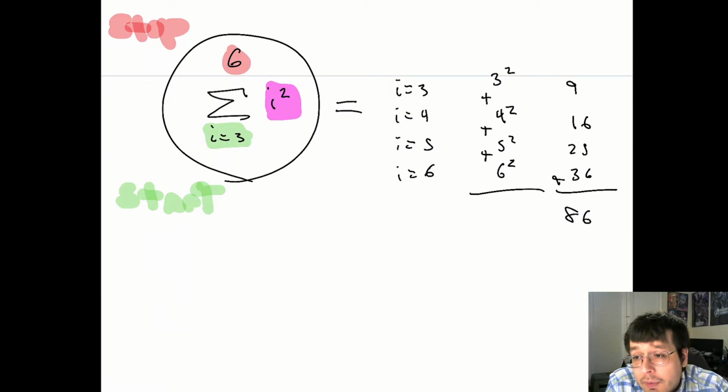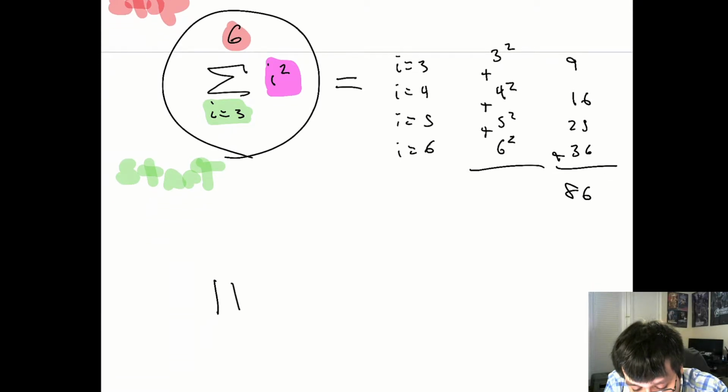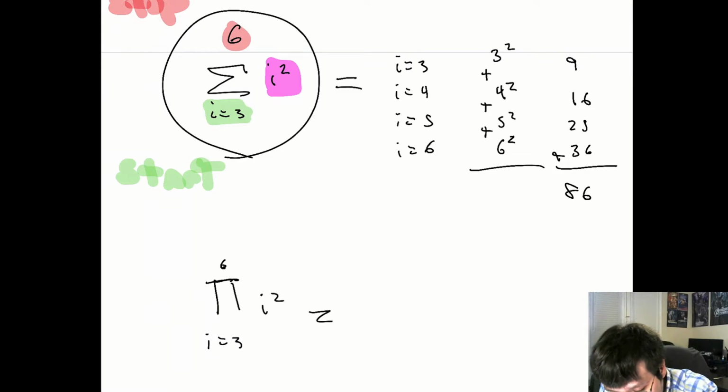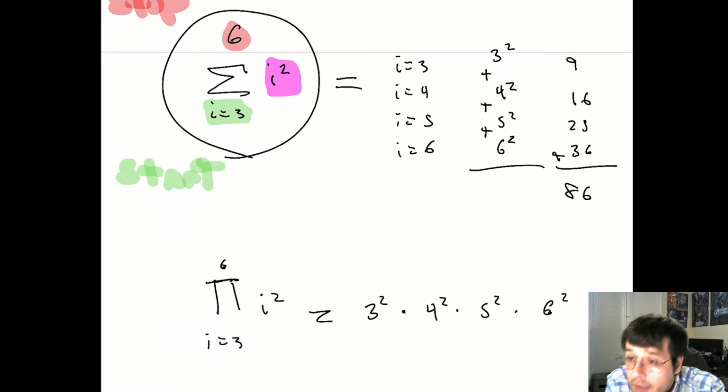And they have the same thing for product, right? So you use the capital Pi for that. Can't really draw that one. But if you did the same thing here where you said i equals 3 and you said 6 and then you said i squared, this would be the equivalent of saying 3 squared, 4 squared, 5 squared, 6 squared, but instead of an addition, it becomes a multiplication, right?